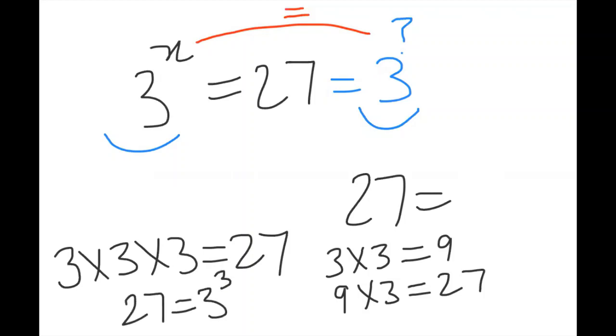And now we can put it in here. 27 is 3 to the power 3, and like I mentioned earlier, because the base is the same, we can now just say that x equals that 3 over there. And that is your answer. x equals 3.